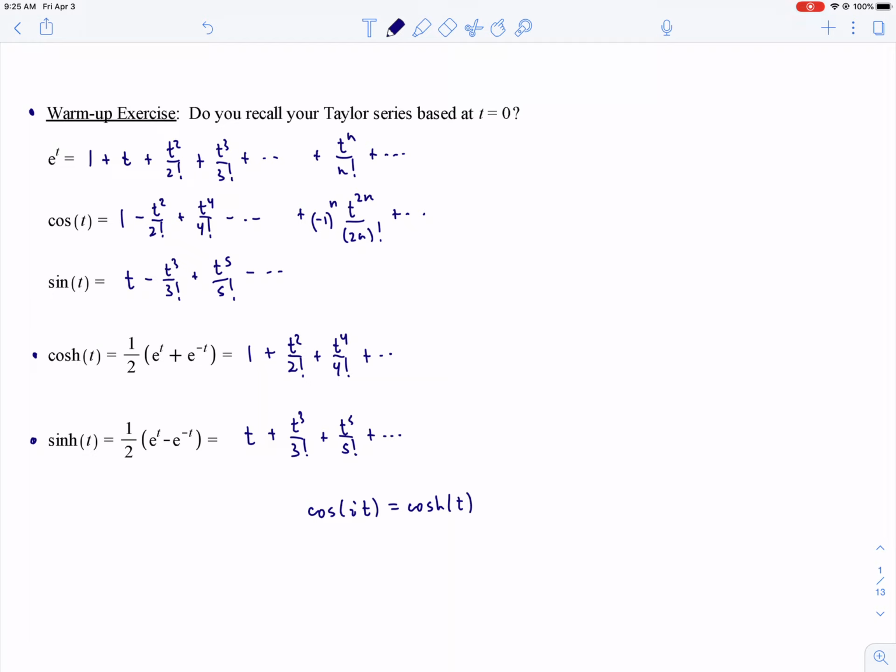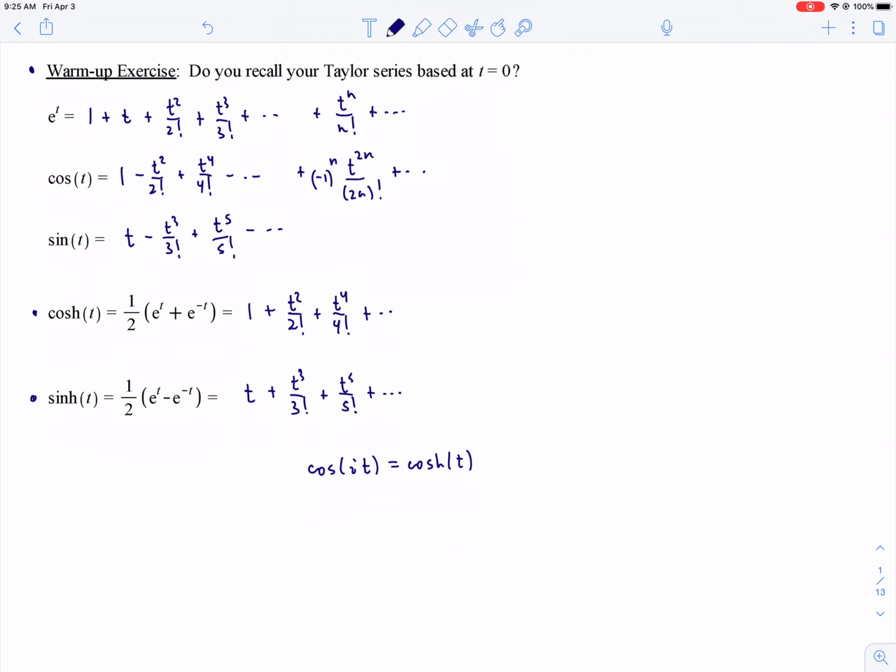These are actually the same functions if you think of complex inputs just evaluated at rotated points in the complex plane.